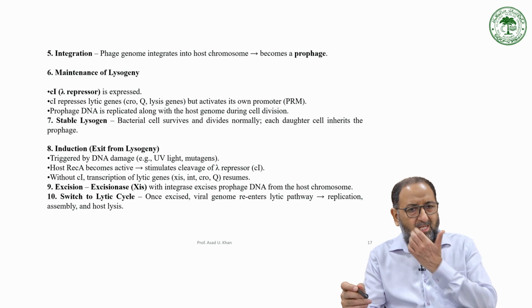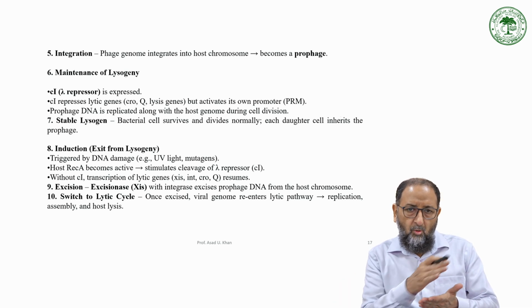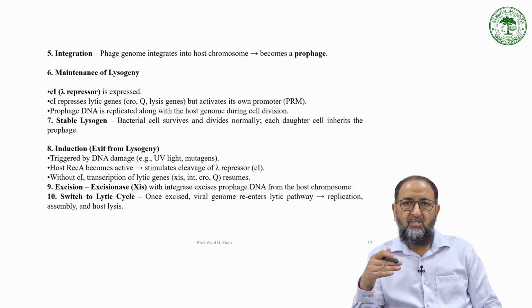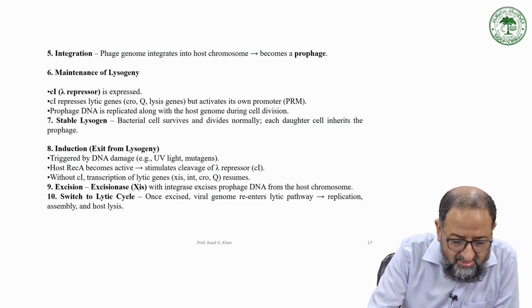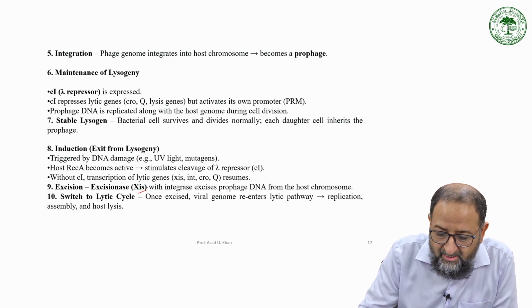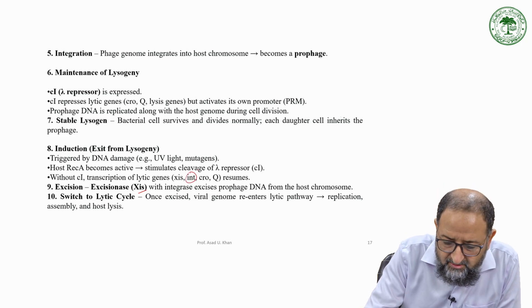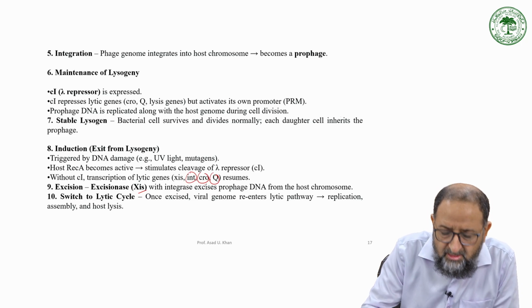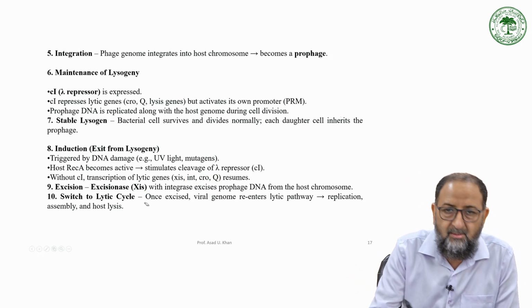It means when cI, the suppressor, is removed, all these genes which excise the integrated genome of the phage particle are expressed: the excision gene xis, then the int gene, then the cro gene and the Q gene. All these genes get expressed after the cI protein is cleaved out.